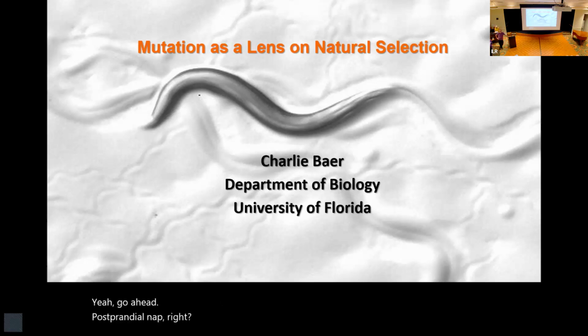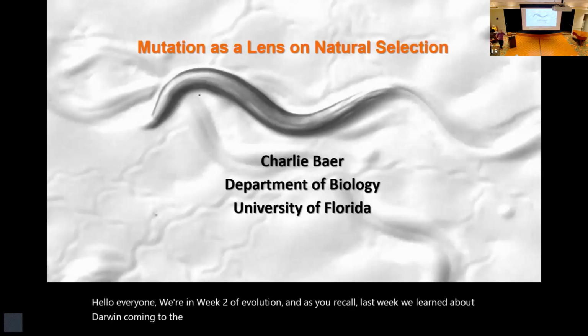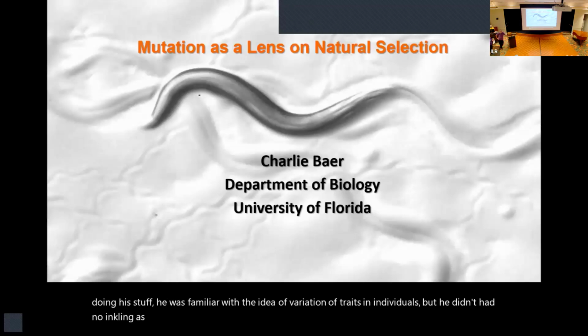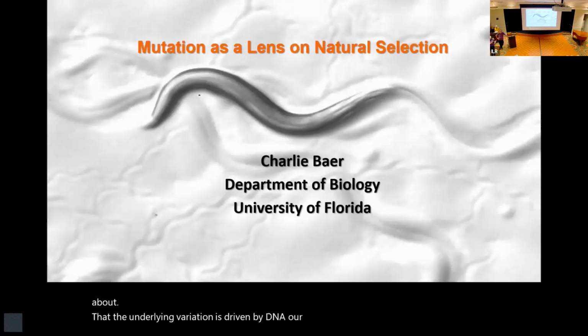Hello, everyone. We're in week 2 of evolution. As you recall, last week we learned about Darwin coming to the conclusion about natural selection. But back when Darwin was doing his work, he was familiar with the idea of variation of traits in individuals, but he had no inkling as to the mechanisms that led to that variation. So today we're going to learn that the underlying variation is driven by DNA, our genetics, or organisms' genetics in general.